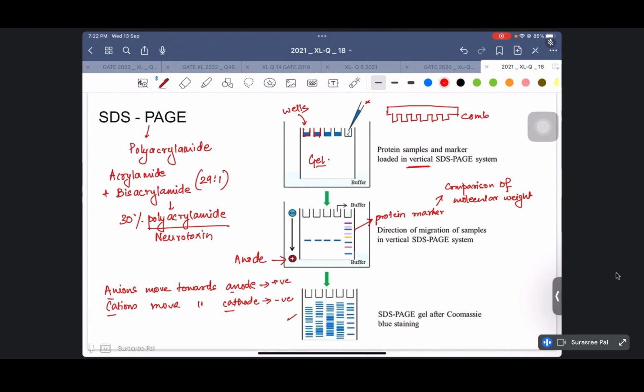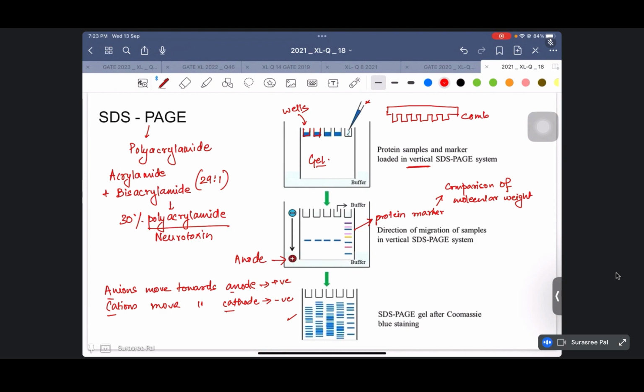Never forget this, because often we face this confusion, especially in exams. So remember that cations always move towards the cathode. If cations are moving towards something, that should be negative. That is why the cathode is negative and the anode is positive.